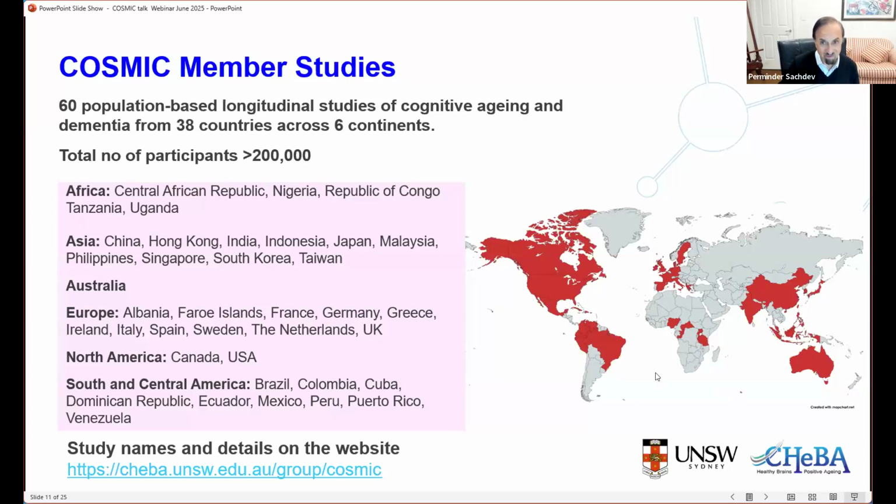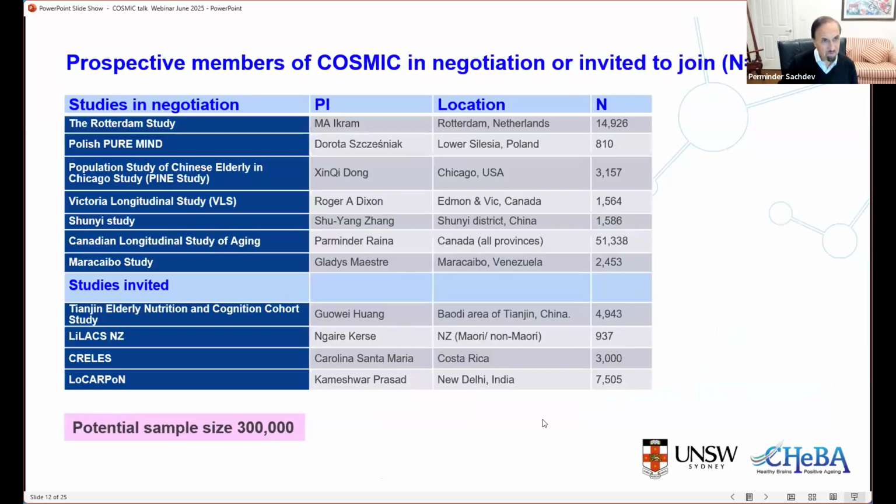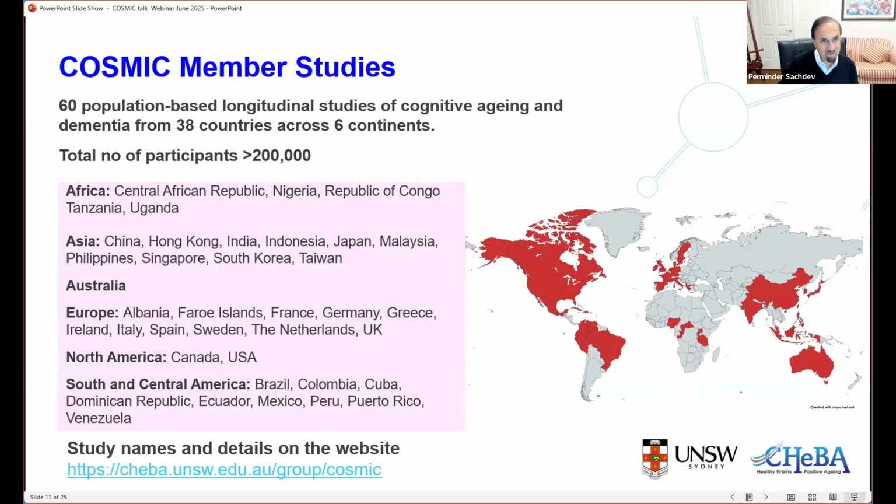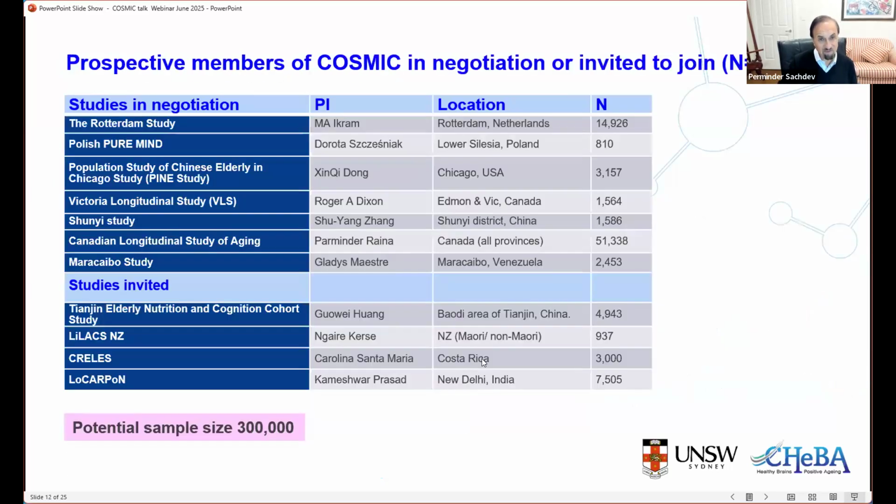Africa is grossly underrepresented still, but we hope that that will change in the future. Currently, the studies we have account for more than 200,000 participants. But we are in negotiation with many other studies, and we hope that once we include these new studies, we might cross the 300,000 figure.